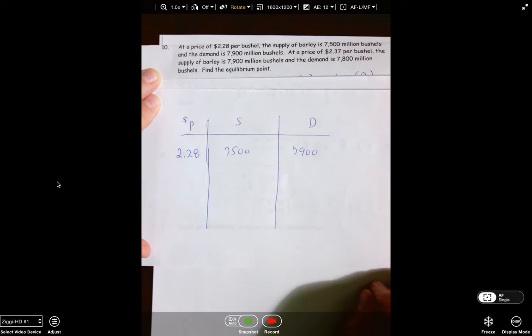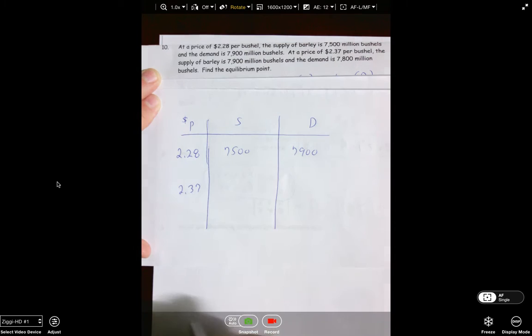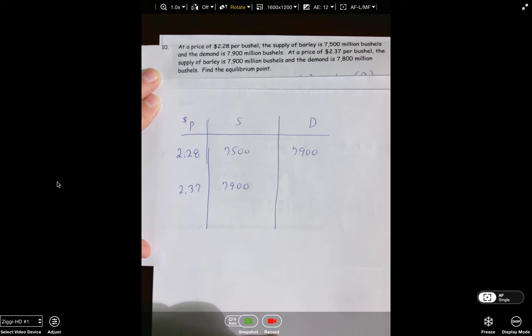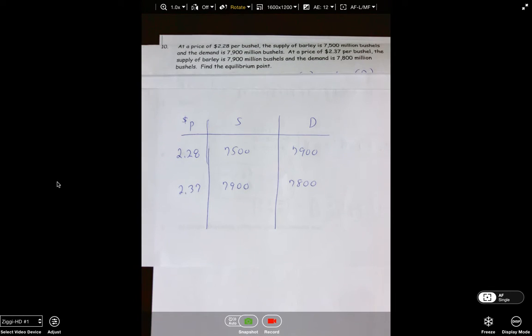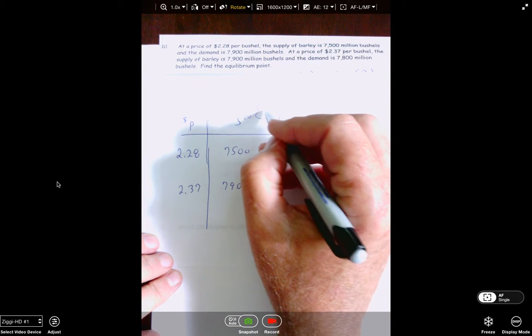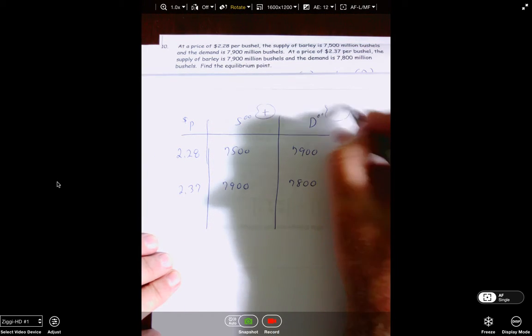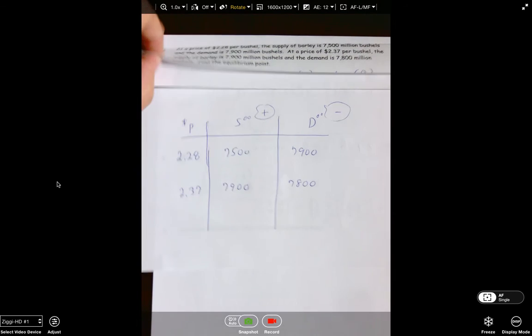We can see when the price increases to 2.37, that as we would expect, the supply would increase. And of course, the way it happens, the demand will decrease. That's what happens. Linear functions, their supply tend to have a positive slope, and those the demand typically have a negative slope.